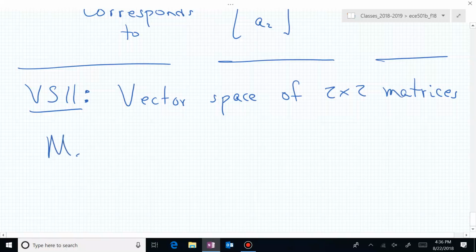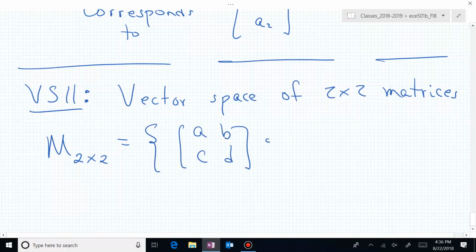So maybe we have M sub 2 by 2 is the set that we're talking about, or we could say, that's the set of A, B, C, D such that those 4 elements in that 2 by 2 matrix are real.